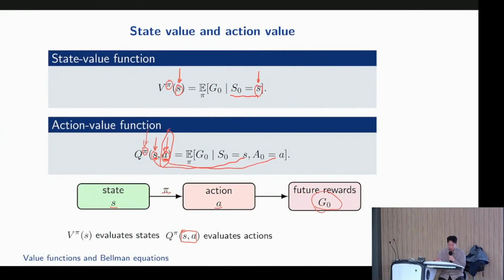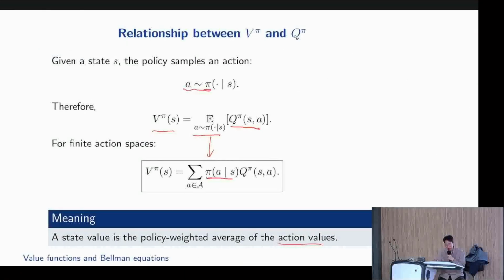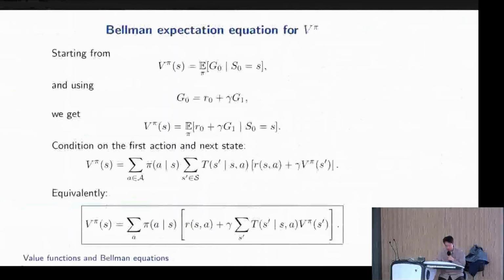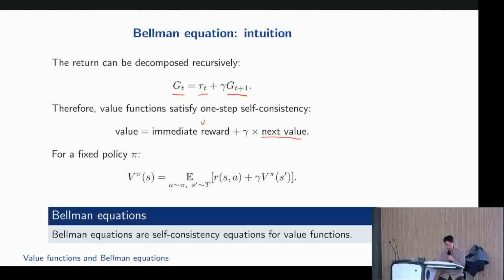The value was the expected future reward, but this can be decomposed recursively. So similarly, value can be written recursively. For a fixed policy pi, V pi of S is the expectation, over action and next state, of the reward plus discount times the value of the next state.